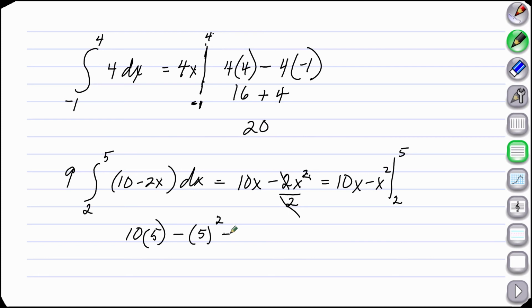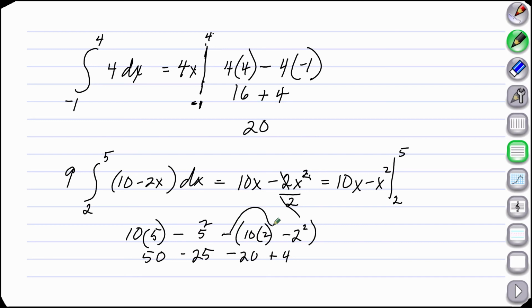Now we're going to subtract, and we're running out of time here, so I can't spend too much time. And we're going to put a 2 in here. 10 times 2 minus 2 squared. There you go. I guess we didn't need a parentheses here per se. All right, so what do we got? We got 50 minus 25 minus, I'm going to distribute here, 20 plus 4.